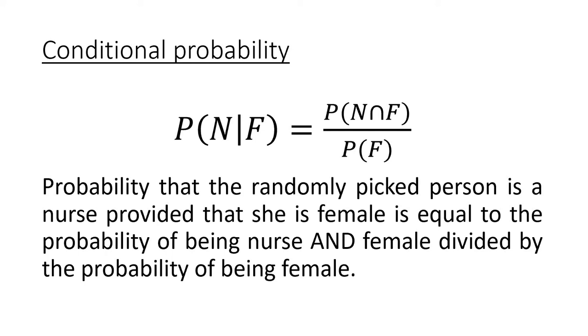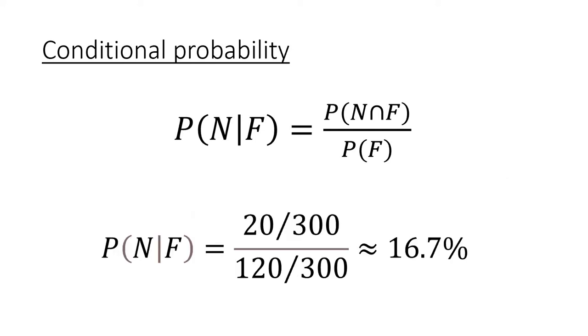So based on this, we can calculate it. If we know that this person is female, we know that probability of a randomly picked person being a woman is 120 divided by 300. So here we have it. And we know that there are 20 female nurses. So 20 people out of 300 people fulfill both the conditions. They are nurses and they are female.